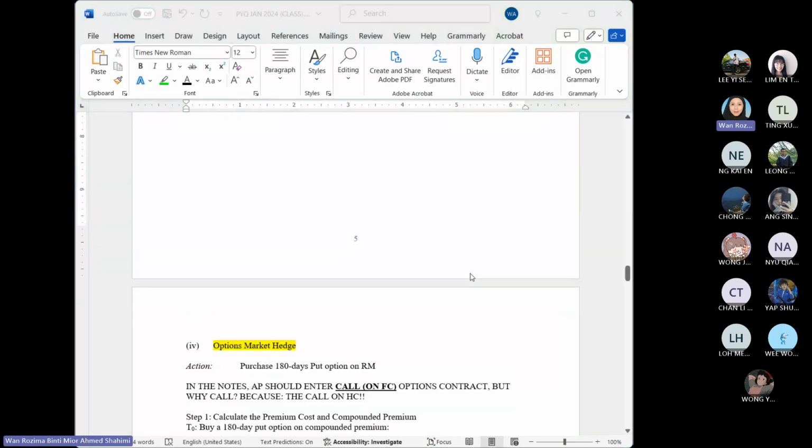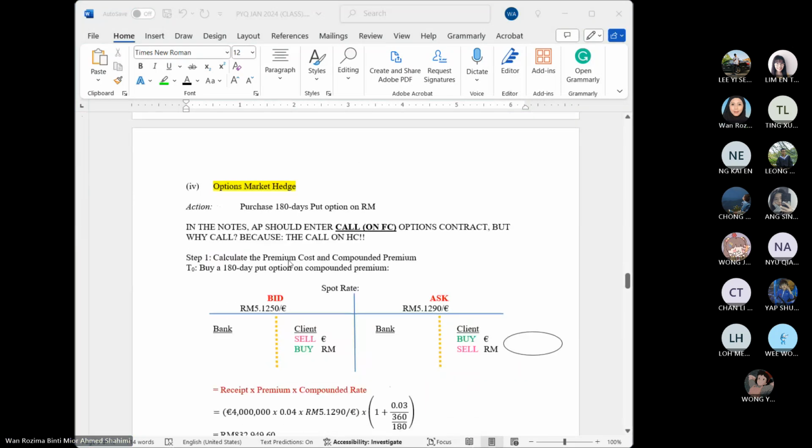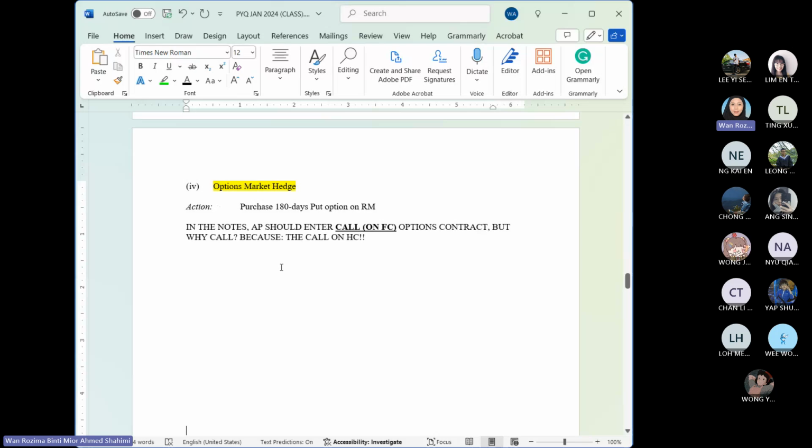Okay, so now, based on what we have learned, let's set this one first. Based on what we have learned so far, supposedly, when we are dealing with a payable, you should enter a call option. Am I right?